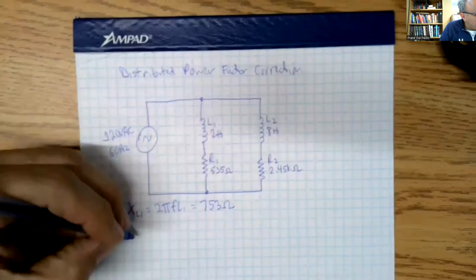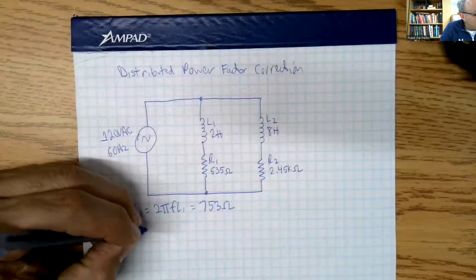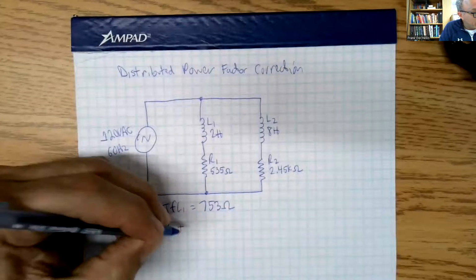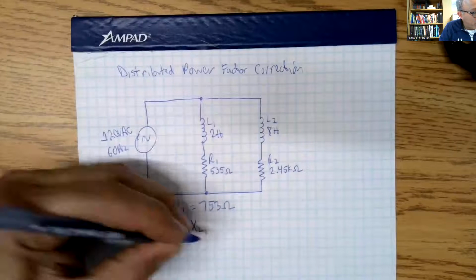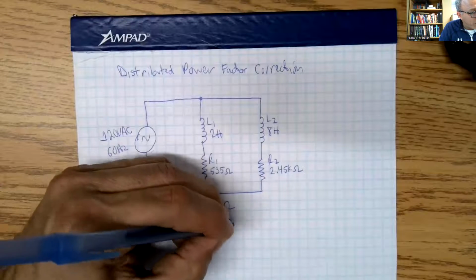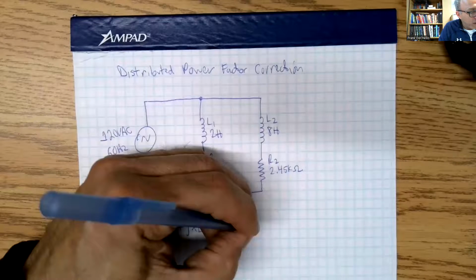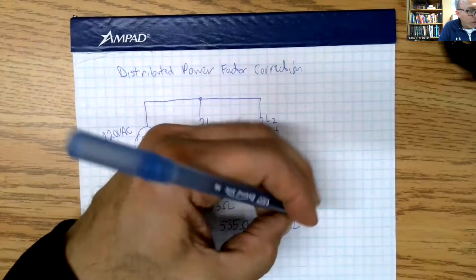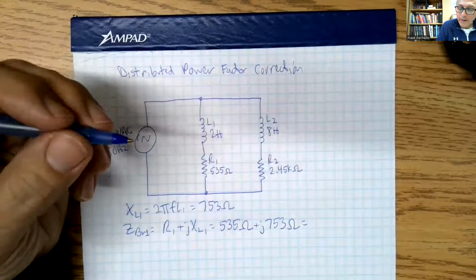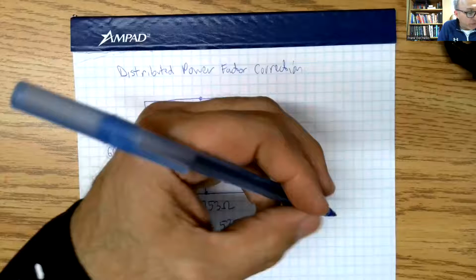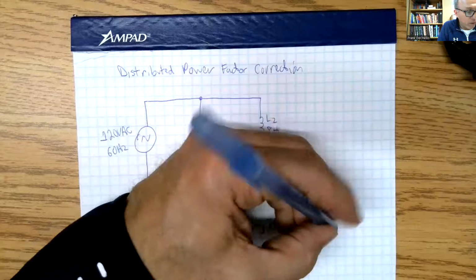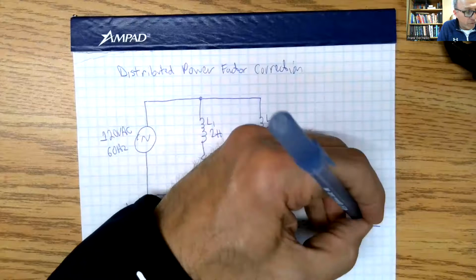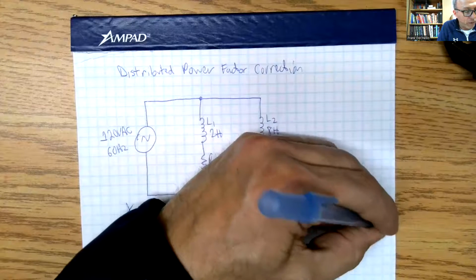So the Z of branch 1 is equal to R1 + jXL1, which is 535 ohms + j753 ohms, which if we calculate and turn to polar, is 923.71 ohms at an angle of 54.61 degrees.